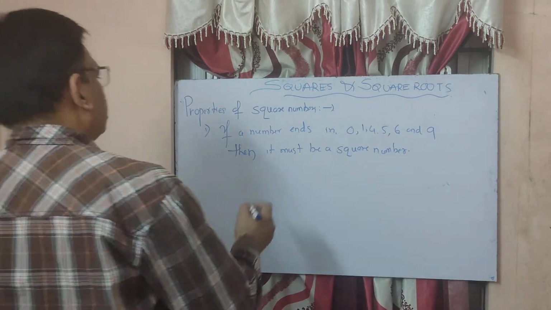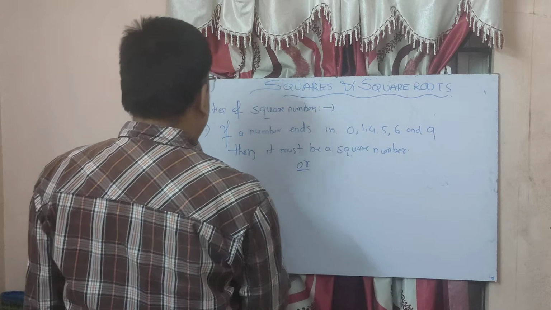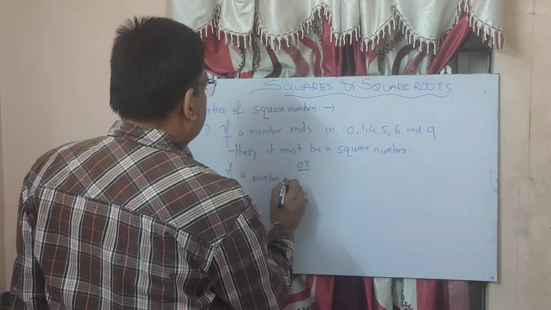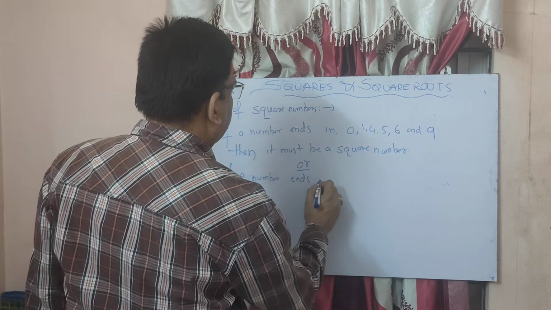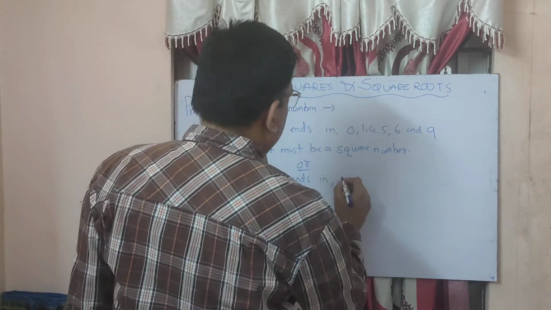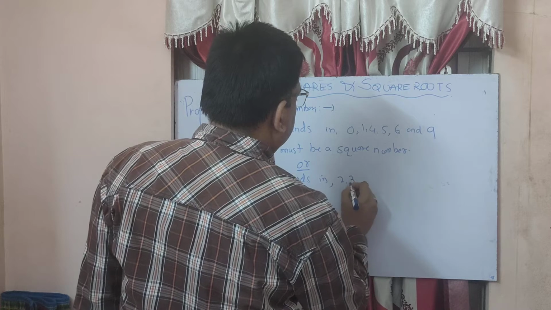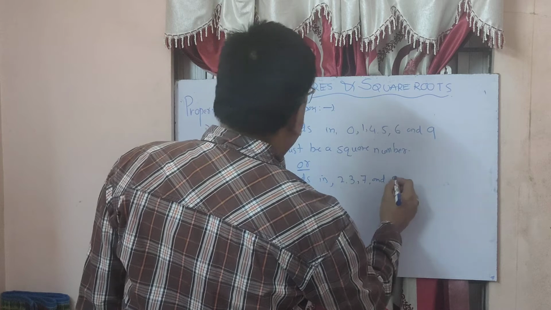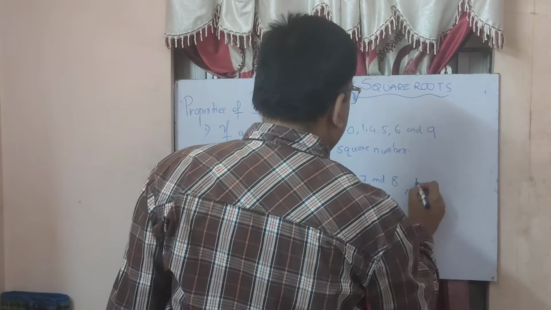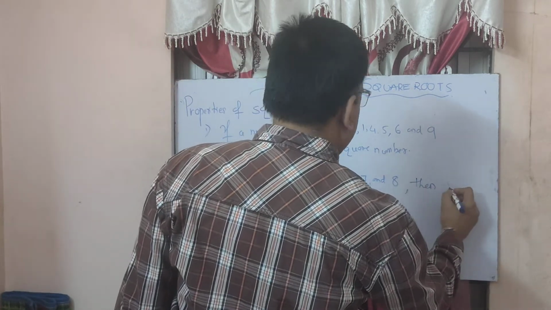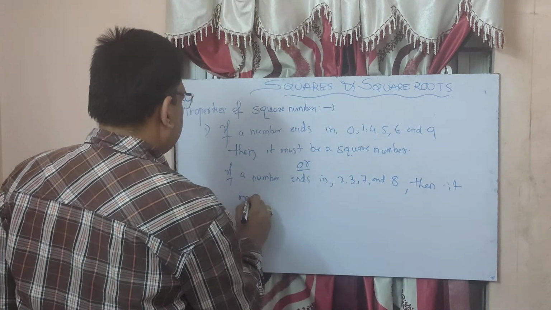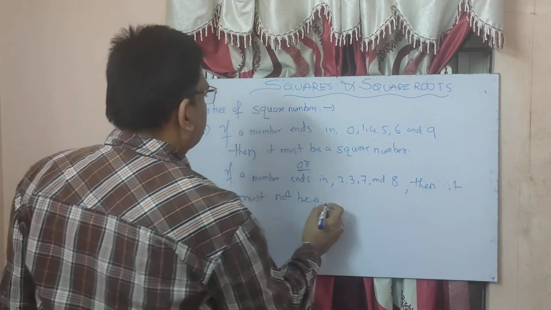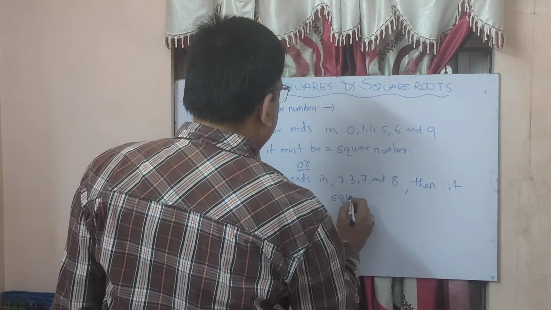Or you can write, if a number ends in 2, 3, 7 and 8, then it must not be a square number.